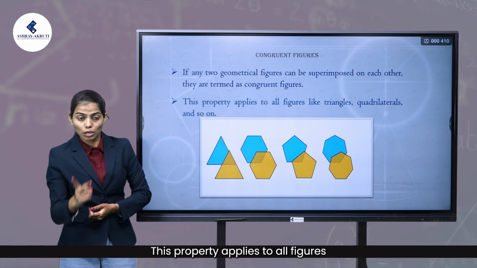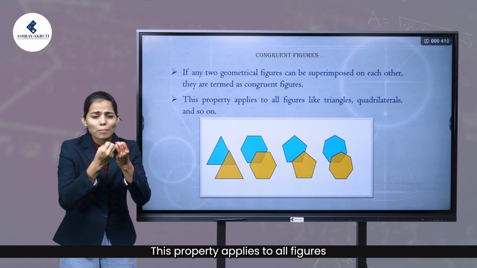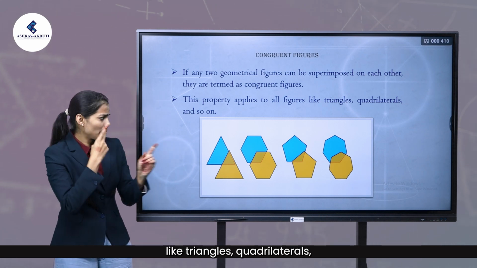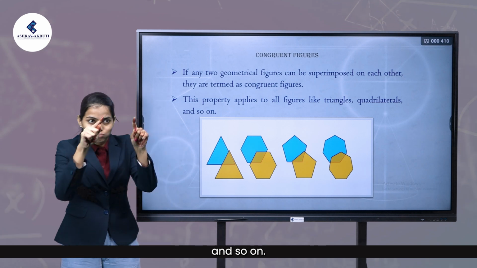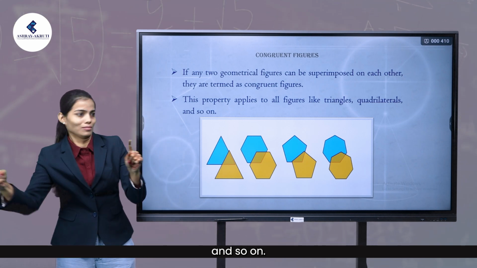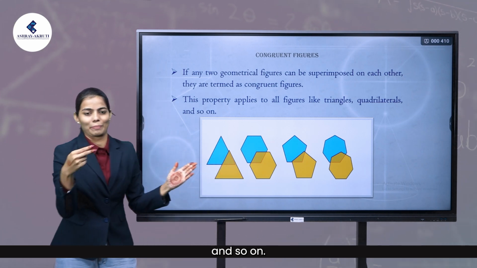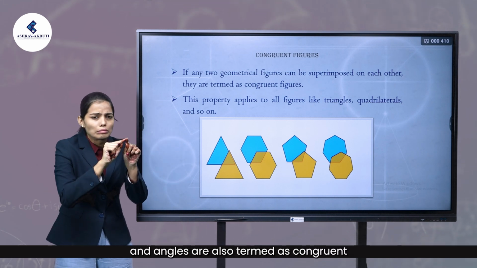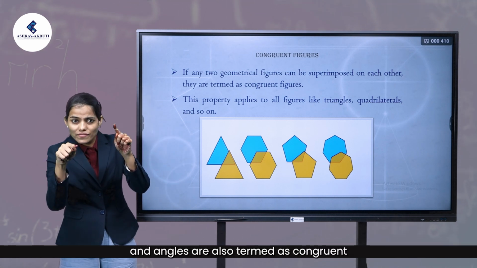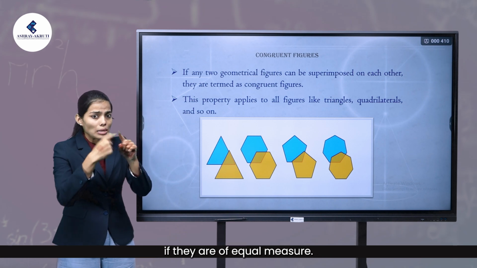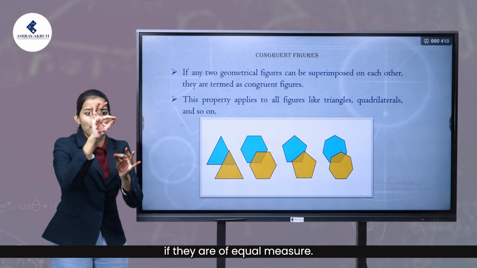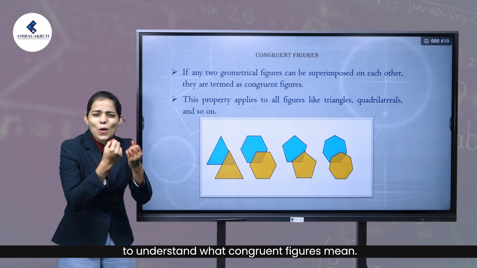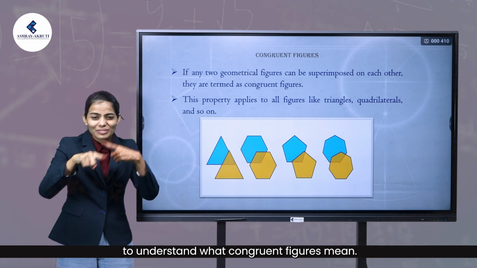This property applies to all figures like triangles, quadrilaterals, and so on. Apart from figures, line segments and angles are also termed as congruent if they are of equal measure. Observe the following figure to understand what congruent figures mean.